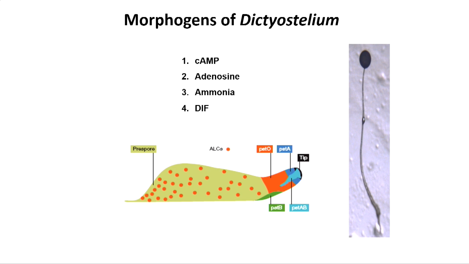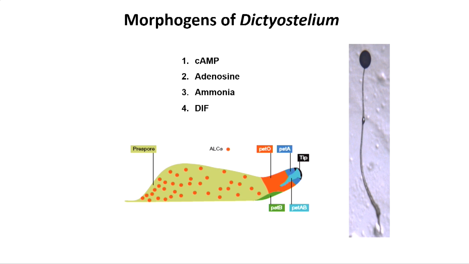The well-known morphogens along the slug axis include cyclic AMP, adenosine, ammonia, and DIF. Cyclic AMP is a chemoattractant. It is also a first messenger. Everyone knows it's a second messenger, but here it is acting as a first messenger. Then the breakdown product of cyclic AMP: cyclic AMP is degraded to adenosine, but there's a little bit of controversy whether adenosine is a morphogen or not. Then volatile ammonia.